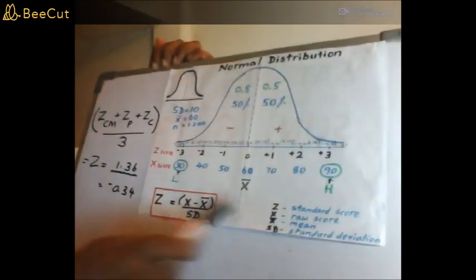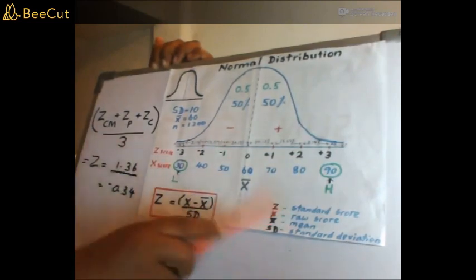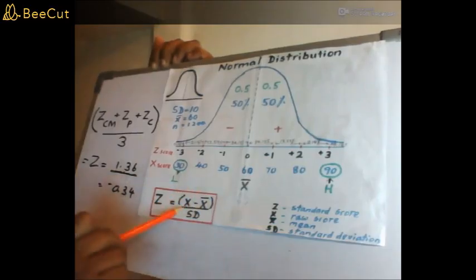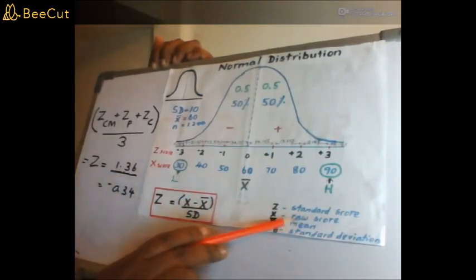Now, if we study this one, Z means the standard score. Another name for Z is the standard score, Z score, normal score. All these are Z score, right? And here X means the raw score. At the exam, they will give this to you, MCQs also.